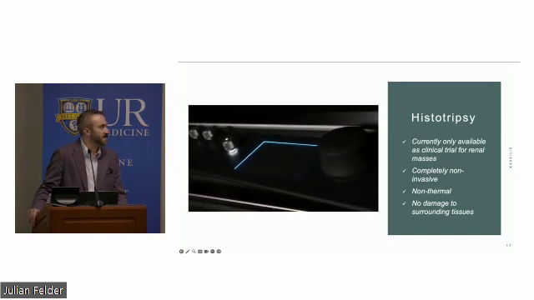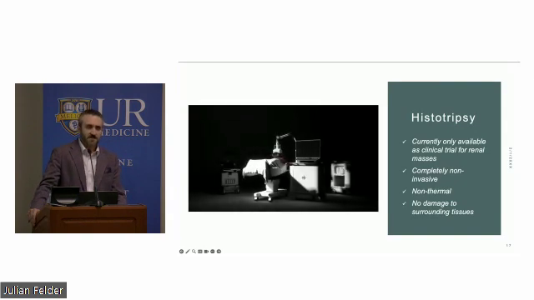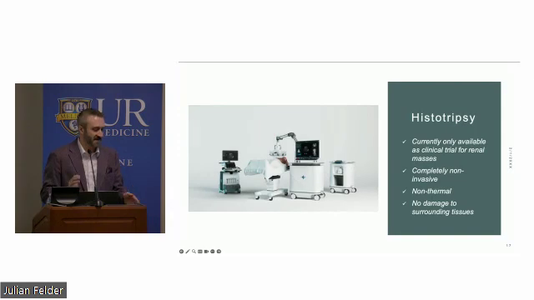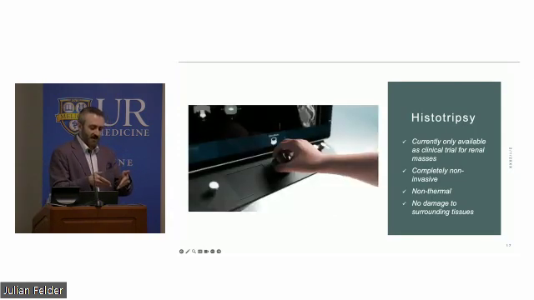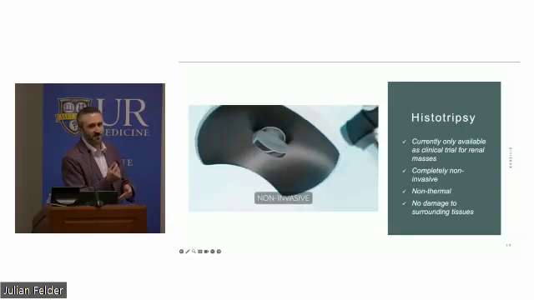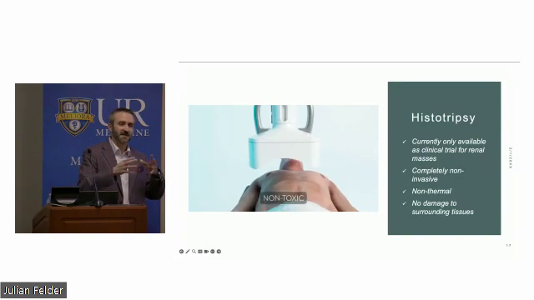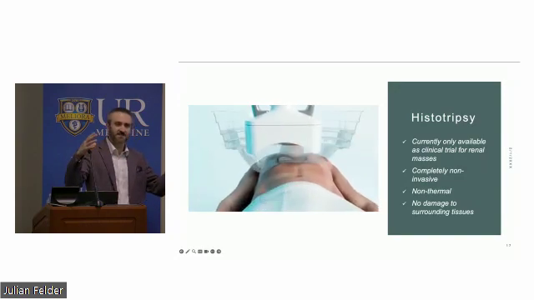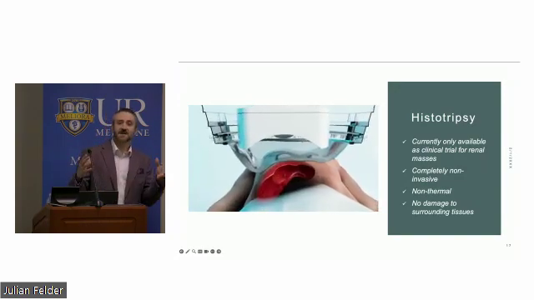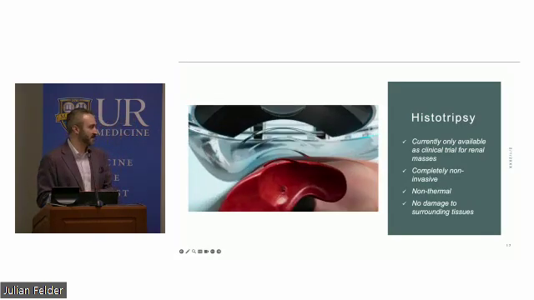It's basically a technology that uses ultrasound waves that are focused from a probe outside of the body that converge on the tumor inside the body, and they generate little bubbles, little gases that are dissolved in all body fluids, come out of solution. These bubbles expand and collapse, and mechanically this just destroys the tumor cells without changing the temperature at all.